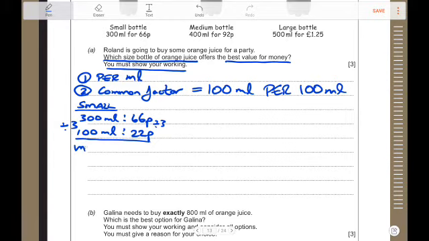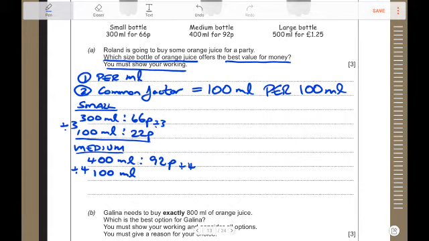In the medium, we have 400 millilitres to 92 pence. To work out 100 millilitres, I divide by 4, and I divide that by 4 as well.